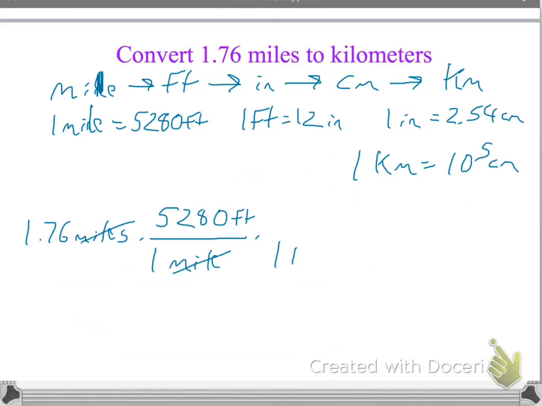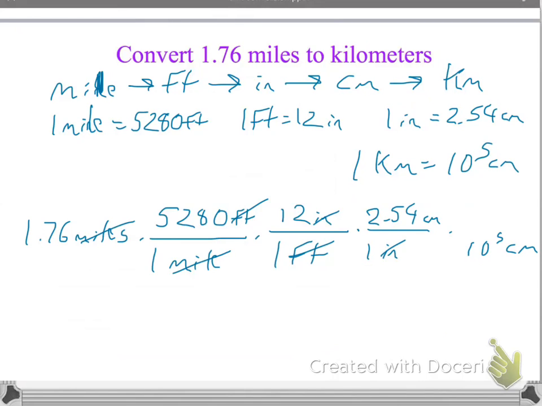And then 1 foot, 12 inches. And feet cancel out, units of inches. And then 1 inch, 2.54 centimeters. Inches cancel out. And then finally, 10 to the 5th centimeters is equal to 1 kilometer. Units of centimeters cancel out. And hopefully put that in your calculator and you get 2.83 kilometers.